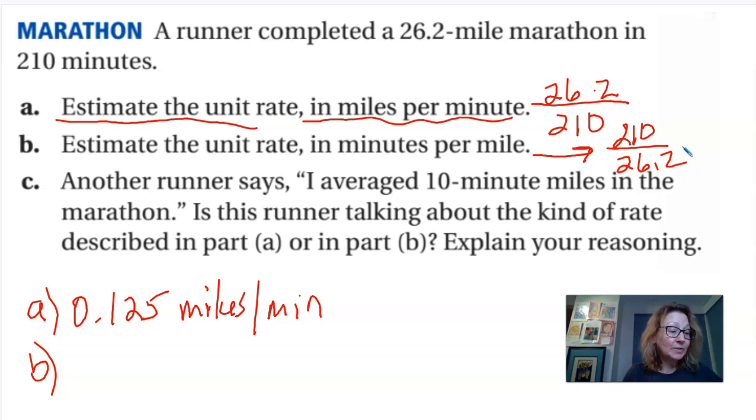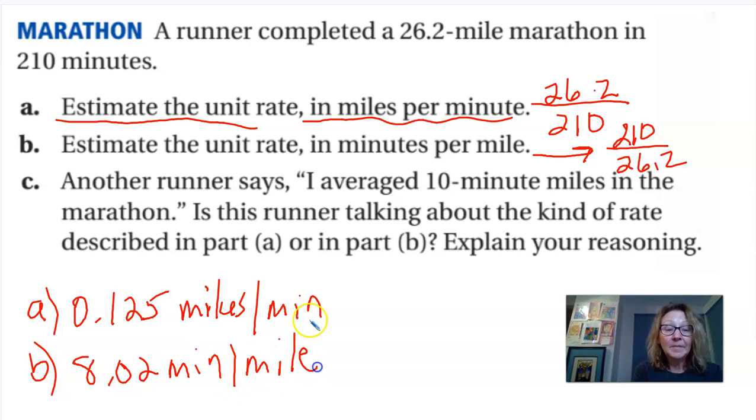So if I take 210 divided by 26.2, I get 8.02 minutes per mile. Okay, so two different ways of looking at this, right? How many miles can you run in 1 minute? Well, obviously, you can't run a mile in a minute, right? So that's why it's such a small decimal number. It's more likely in this instance that you might want to think about how many minutes it takes you to run a mile.